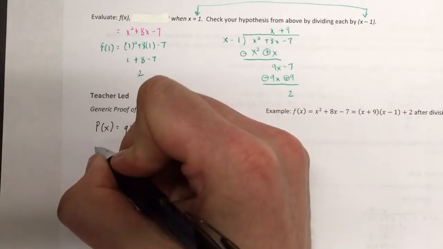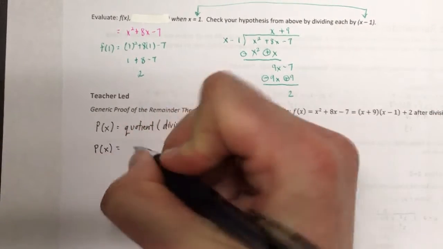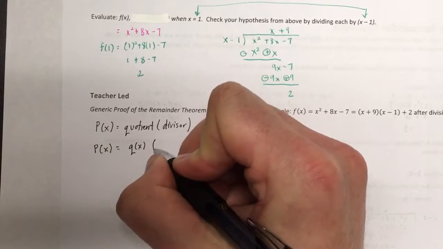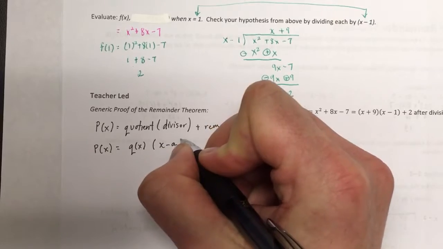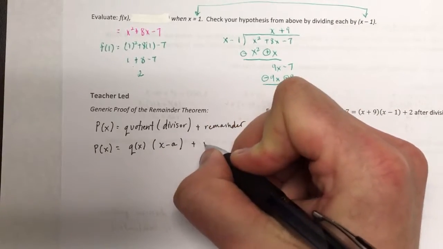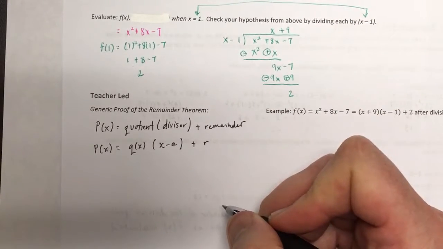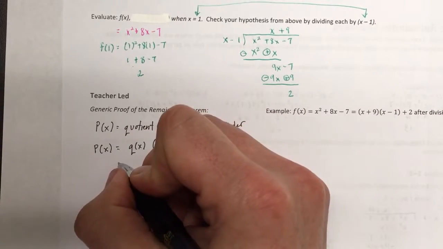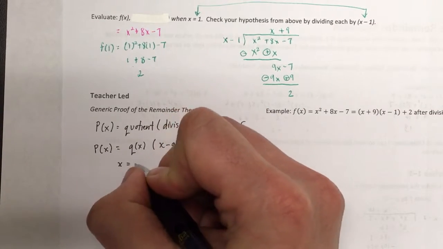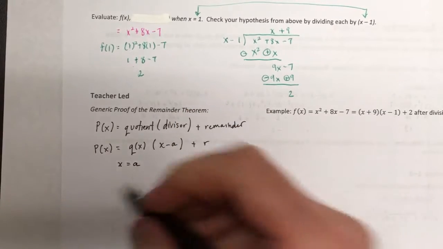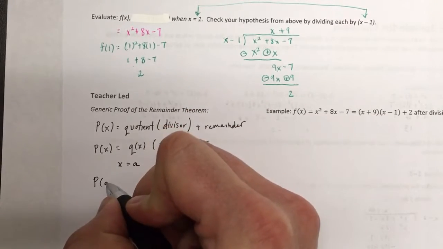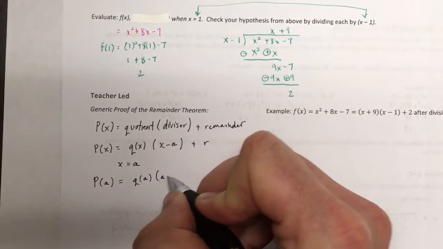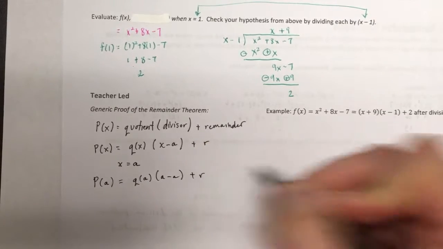Now if we do this in a generic space, the quotient, we'll just call it a function q of x. The divisor we know is x minus a, and the remainder we'll just call r. Well, what they want to know is when x equals that value, so x equals a, what happens? If I substitute in, I get p of a equals q of a times a minus a plus the remainder.